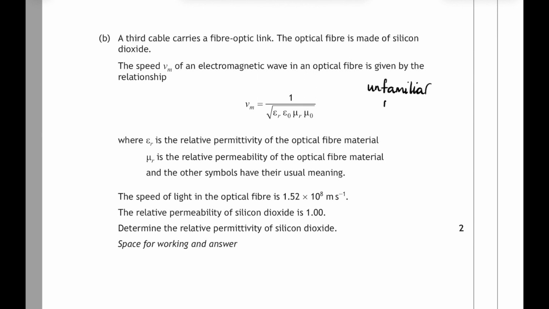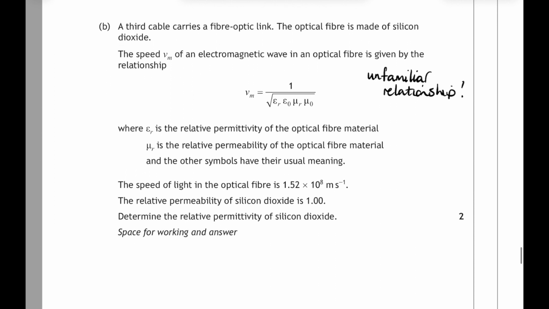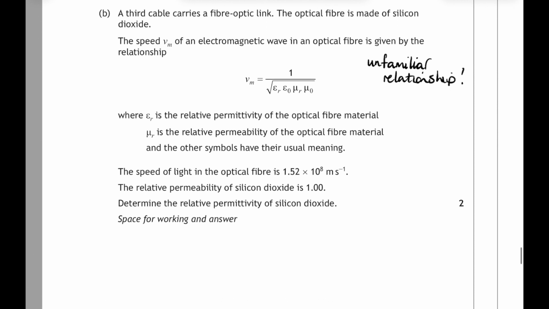But this is one of these unfamiliar relationship questions. And in this sort of question, all you're doing is substituting in the data that you're given, plus also some data from the data sheet to find out the quantity that you're asked. So what are we asked to find here? We've to determine the relative permittivity of silicon dioxide.